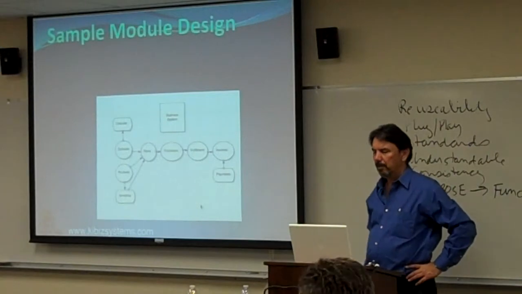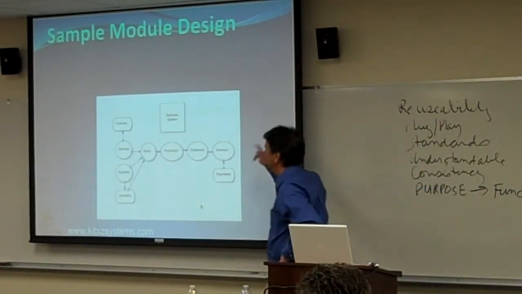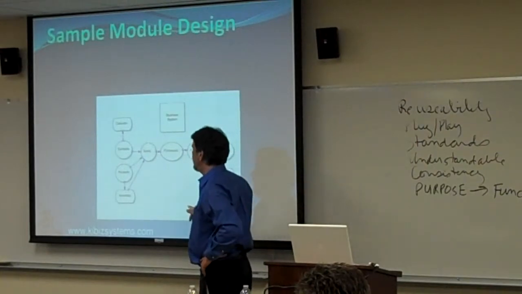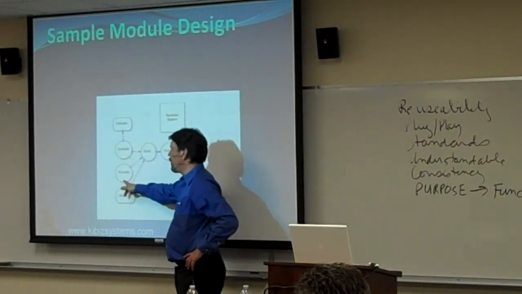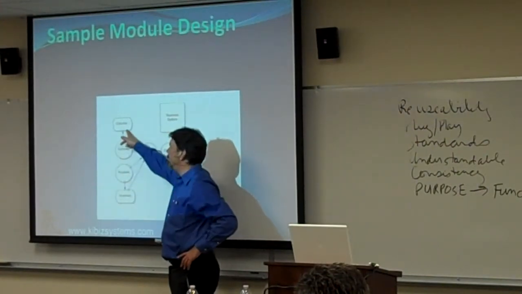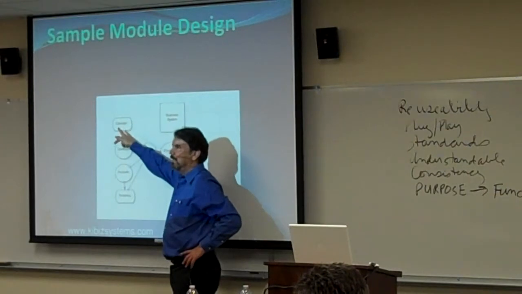So here's a sample module design of the business system and the flow of the module design. Basically, we start with contacts and products as the foundation, and products lead to inventory, and contacts lead to calendar appointments and activities.